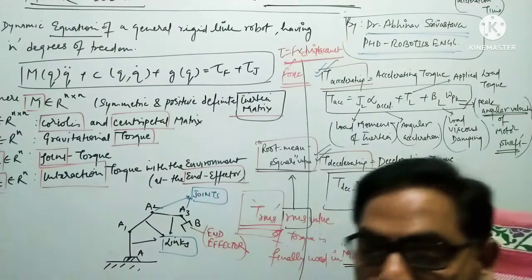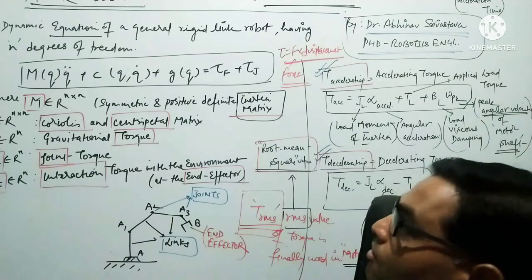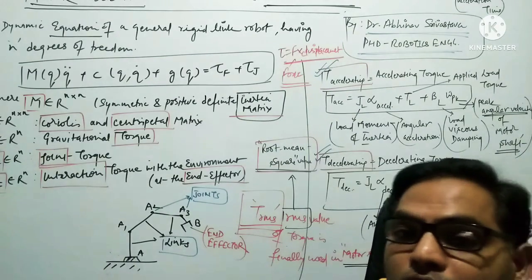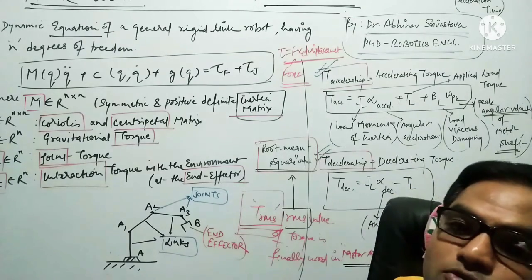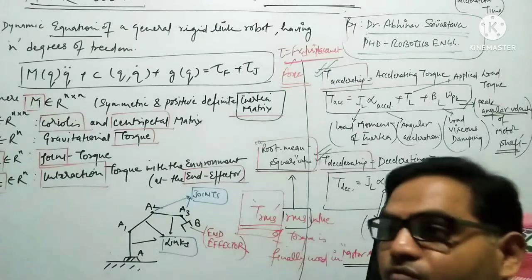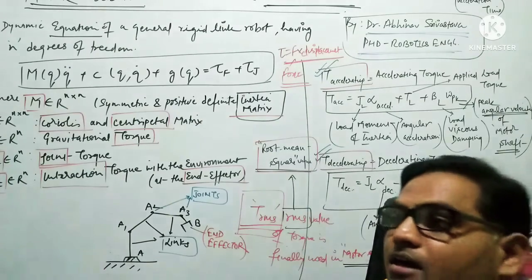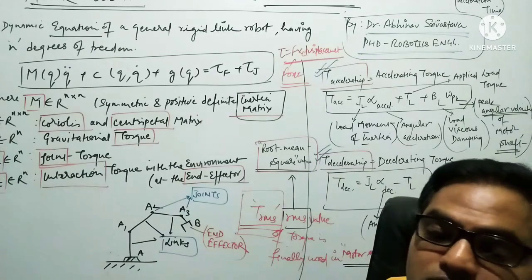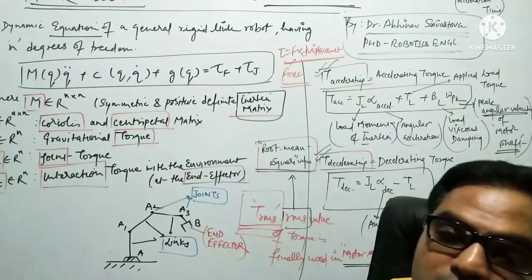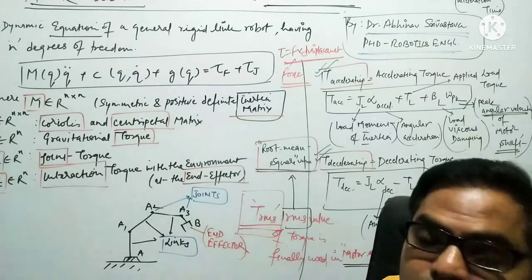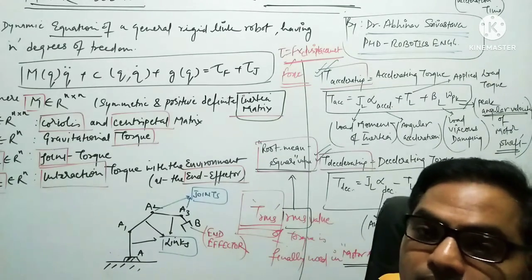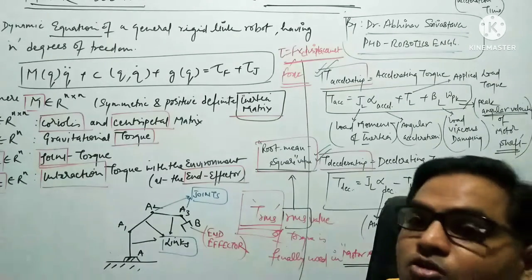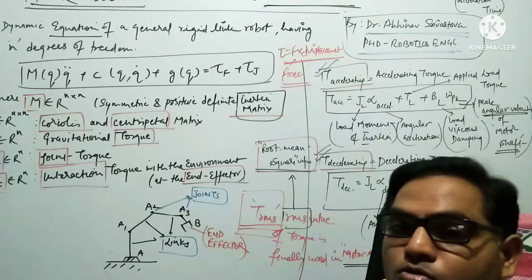Now we begin with the help of a dynamic equation of a robot. What is the dynamic equation of a rigid link robot? Rigid link robot means the links are not fluctuating. The links are stable at their positions for a certain instant of time to work on a payload.